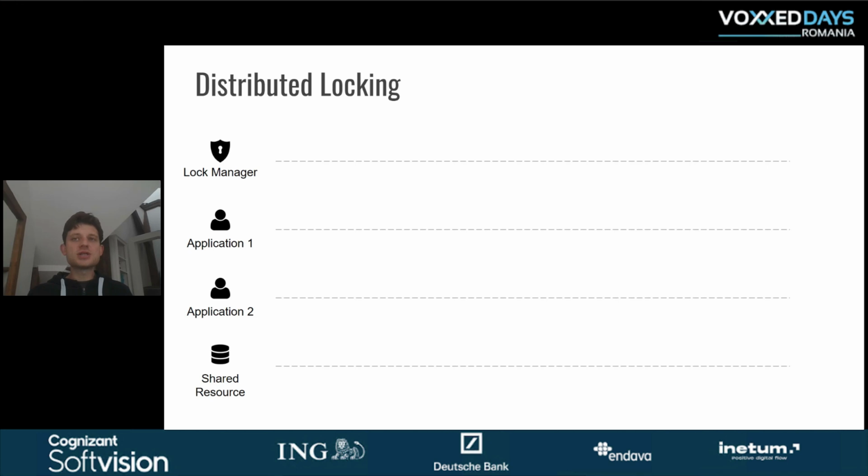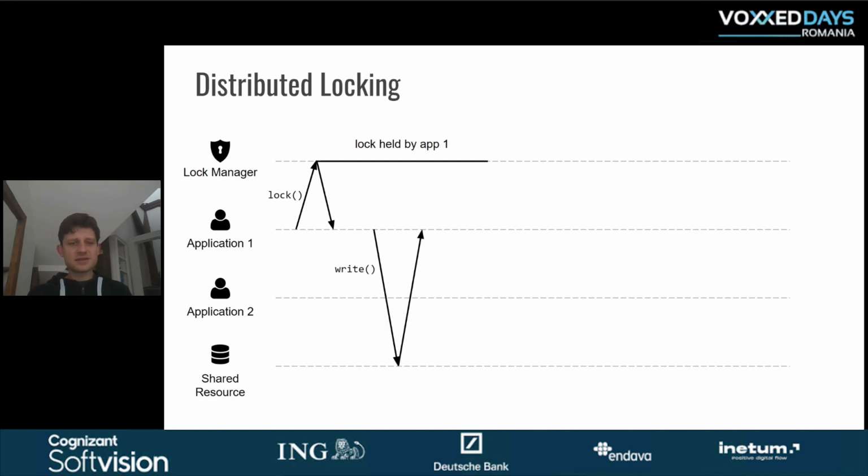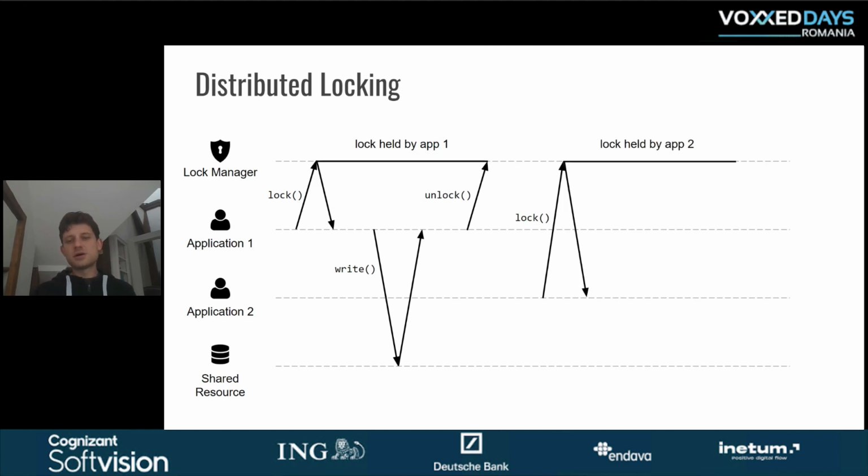If one application, A1, wants to use the shared resource, it first sends a request to the lock manager service, and the lock is acquired. Then it can use the resource, so write some data. Then it says, okay, I'm done, I unlock the lock. Then the second application can lock it again. It holds the lock, writes something to the shared resource and unlocks. So that is the happy path. That is how you would like it to work.